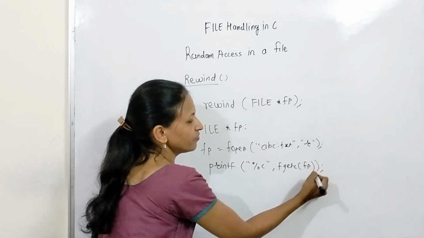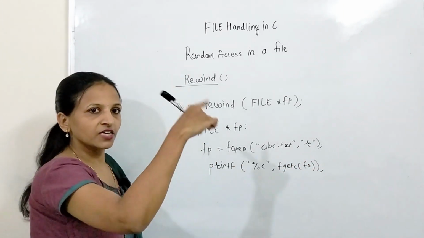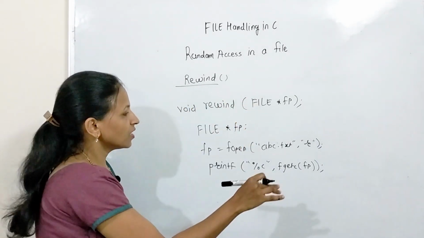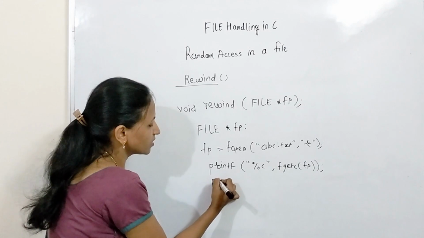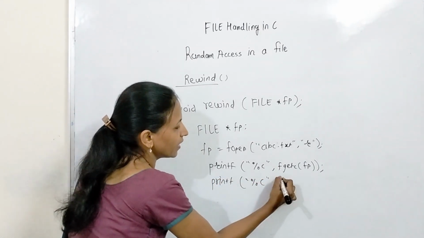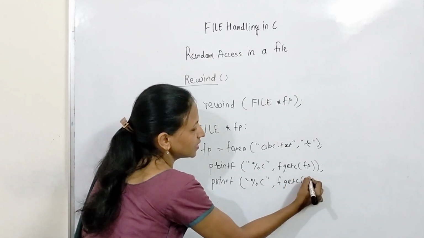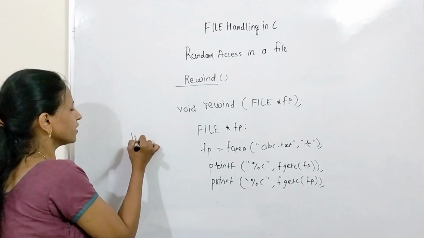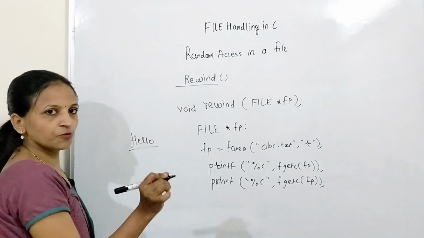Here it will read the first character from that file and will shift the position indicator to the next byte. Then again I am calling the same thing, printf %c fgetc fp. Let the contents be hello, suppose.